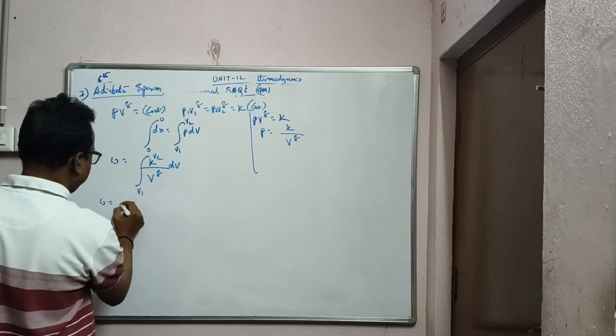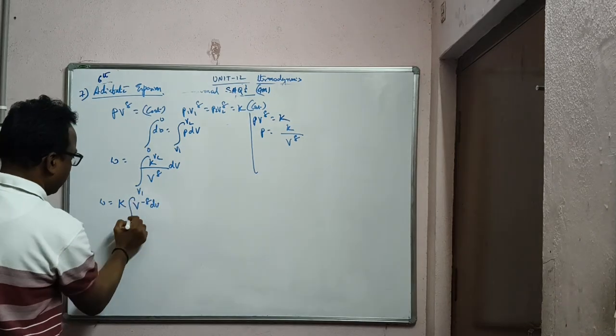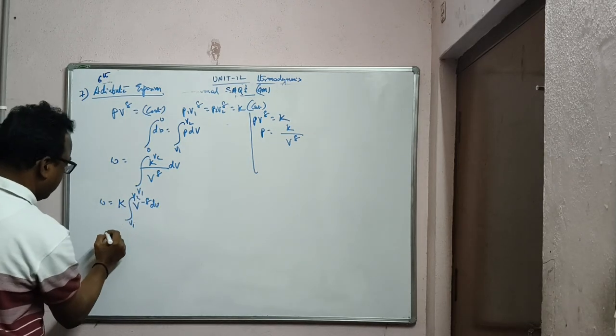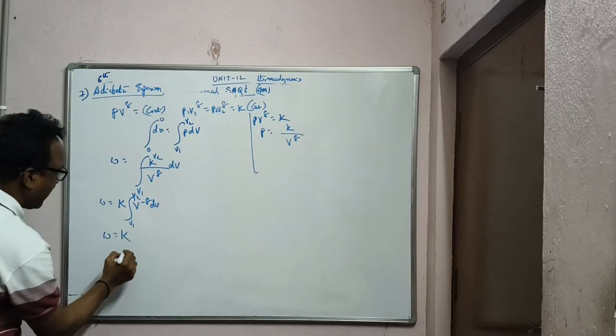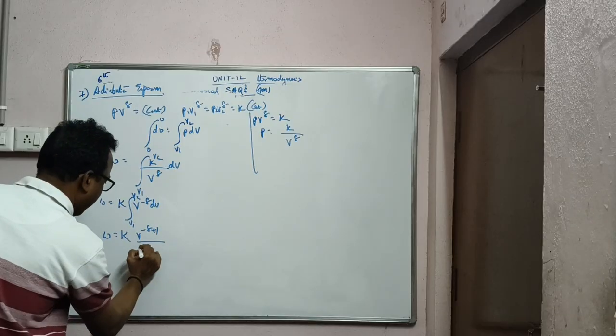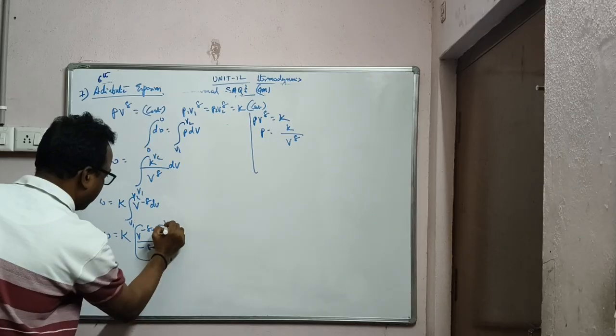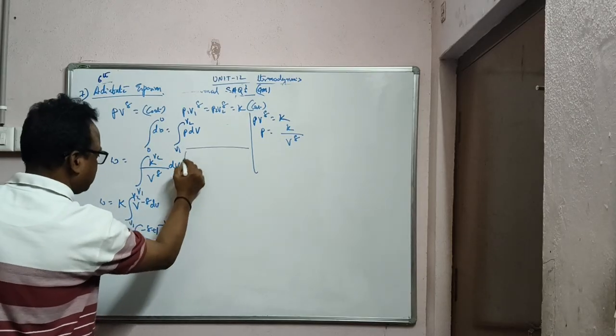I'll take the constant outside: V to the power of minus gamma dV, integral V1 to V2. So apply your integration maths: V to the power of minus gamma plus 1 by minus gamma plus 1, with limits V1 to V2.